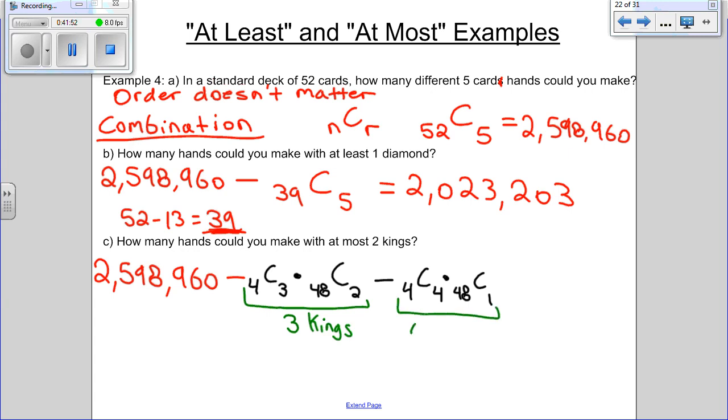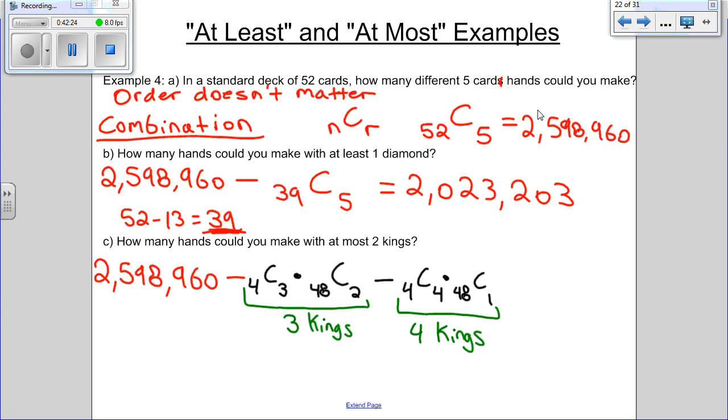It says at most 2, so we're subtracting the opposite. It's the total minus what you didn't want to have happen. What's left is how many you do want to have happen. So if you put that in your calculator, you go 4 choose 3, and times it by 48 choose 2. There's 4,512 ways to do that.